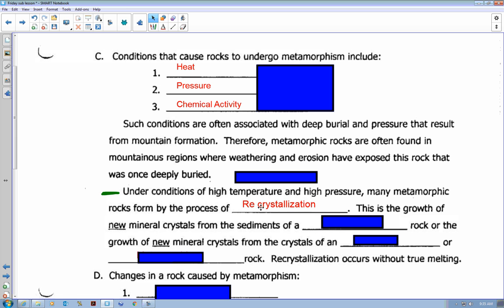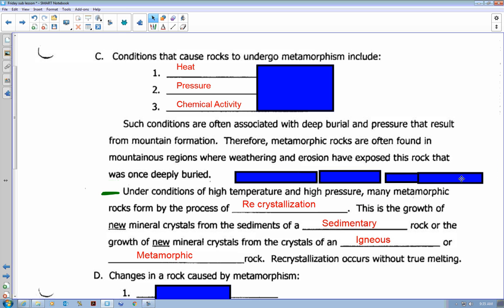Crystallization means from molten material we're forming crystals, and here recrystallization means new regrowth, and new different crystals are beginning to grow. This is the growth of new mineral crystals from the sediments of a sedimentary rock, or the growth of new mineral crystals from the crystals of an igneous rock, or, of course, metamorphic rocks. So even metamorphic rocks can be remetamorphosed.